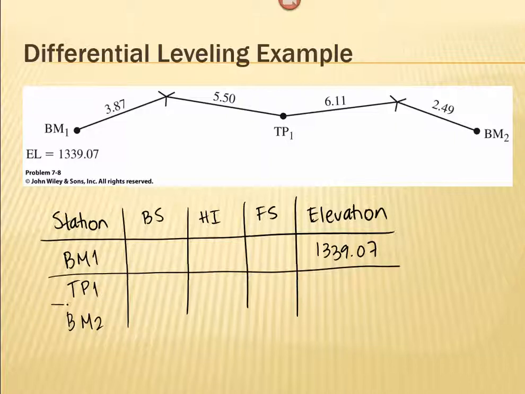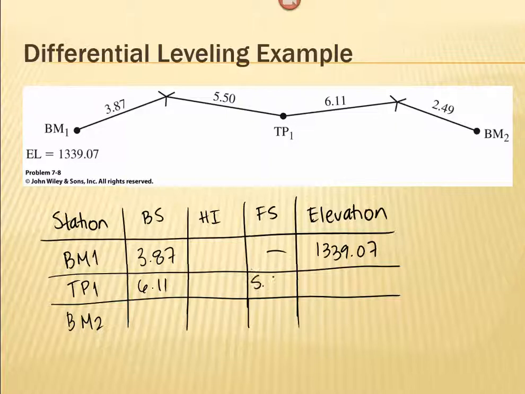Whenever we see a number going away from either a benchmark or turning point, that's your backside. So this is 3.87, and this right here is 6.11. Whenever we see one that's arriving at a turning point or a benchmark, that's our foresight. So this is 5.50 and 2.49.